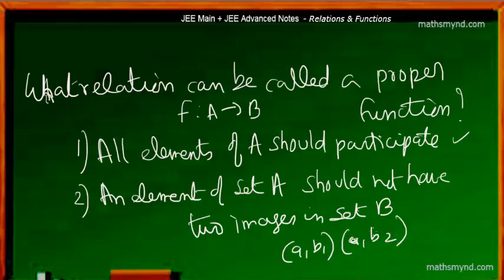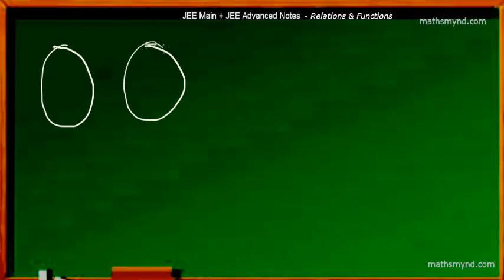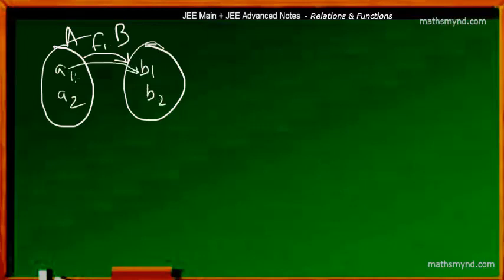Let us look at three simple cases to drive home the point, dealing with the same example, that is, you have two sets A and B and function F1. You have the elements A1, A2 and elements of set B1, B2, and here A1 is pairing up with B1 and B2 to form the ordered pairs, and the second element A2 is missing in the function.